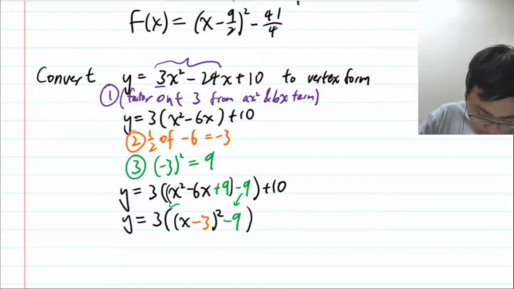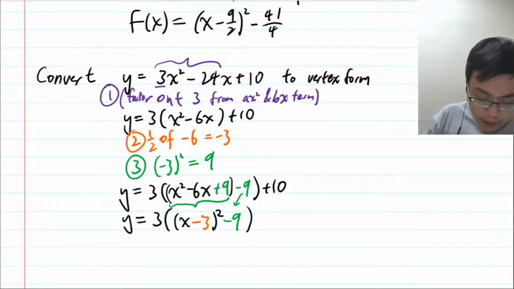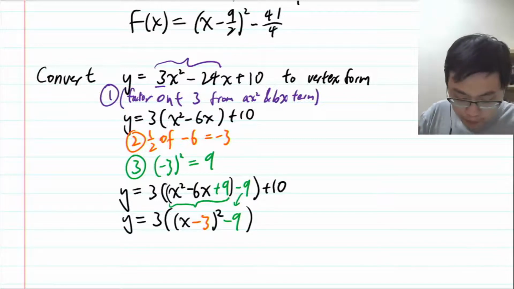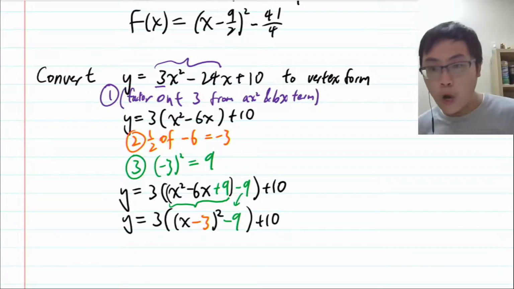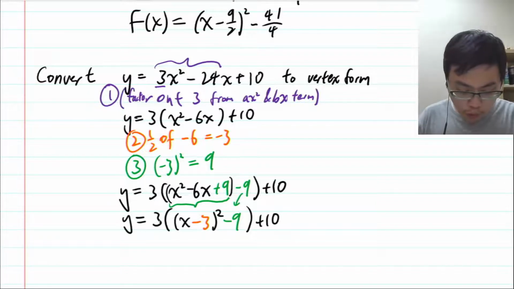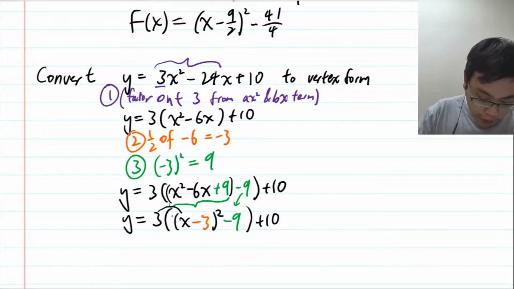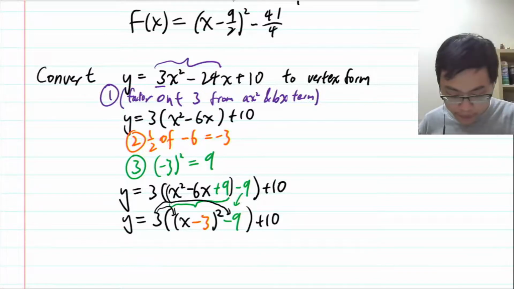So this whole thing becomes the perfect square, and then minus 9 stays here, and the plus 10 is over here. Now what we're going to do is redistribute the 3 in front of this bracket into the negative 9.